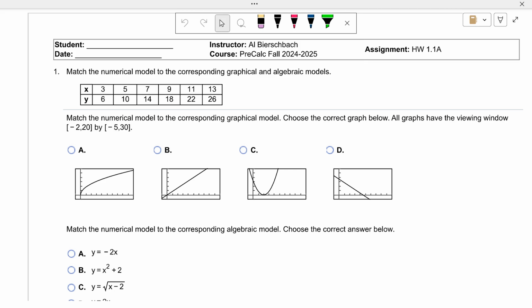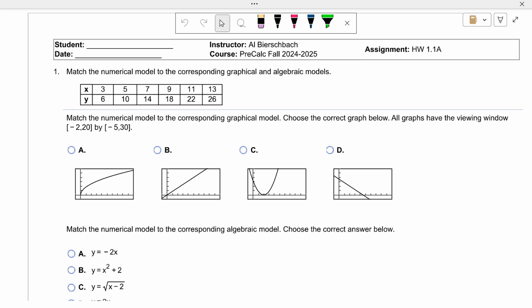So it consistently goes up by 2 on the x's and 4 on the y's. Okay? So everything's consistent. So if it's consistent, would it make a curve or a straight line? Straight line. Okay? As this goes up, this goes up. So as your independent variable increases, your dependent variable increases.